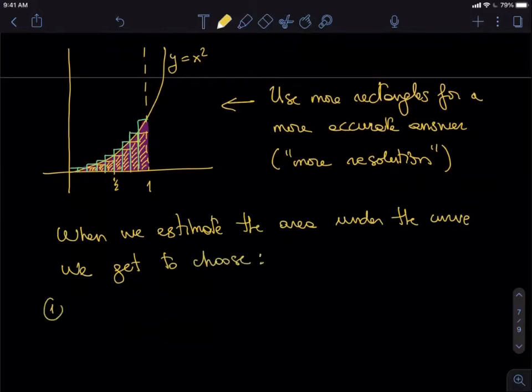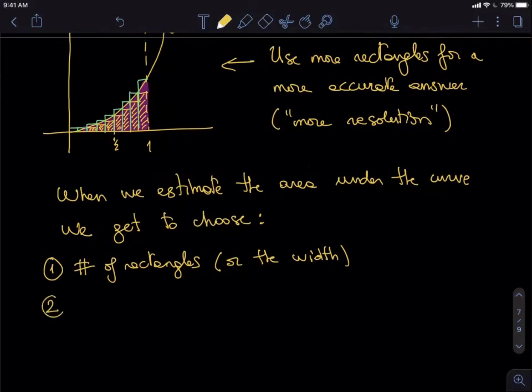Okay, the first thing we get to choose is the number of rectangles. Okay, this is equivalent to choosing the width of the rectangles. Okay, the more we choose, the thinner they are, right? And the second thing that we get to choose is if we are going to take left endpoints, right endpoints.